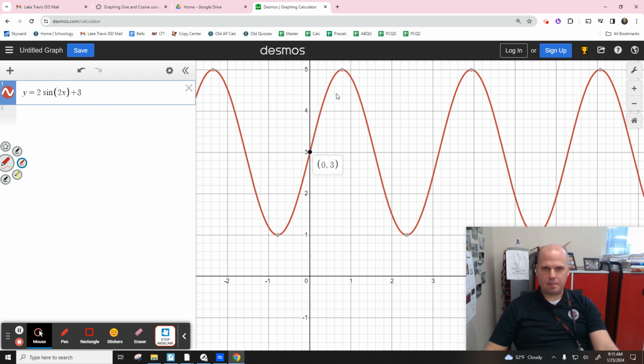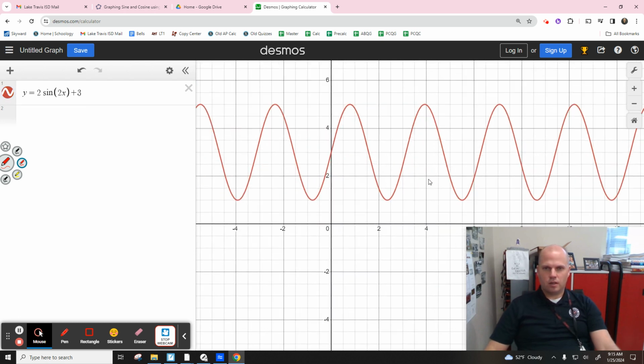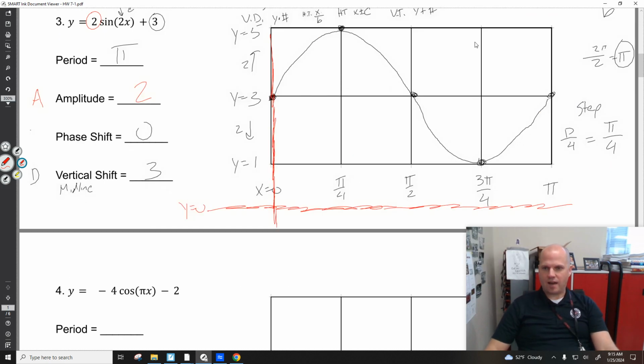We could see we hit a maximum at pi over 4, 5. We'll come back to the middle at pi over 2, which is about 1.57, 3. We hit a minimum at 3 pi over 4, 1, and we come here. So like this graph that you see here is this graph. It's just like I'm going to sketch it on the box and then understand where it falls on our x and y axes.